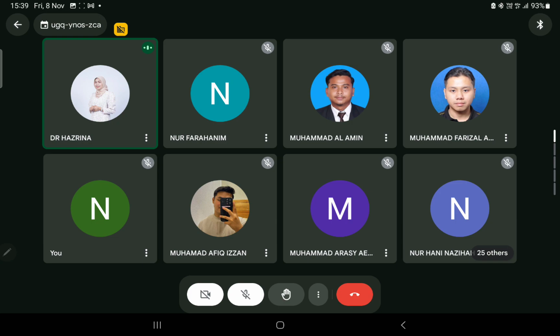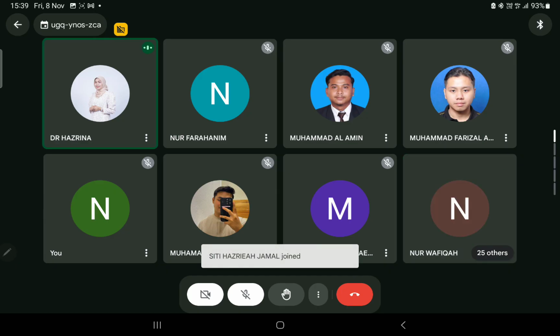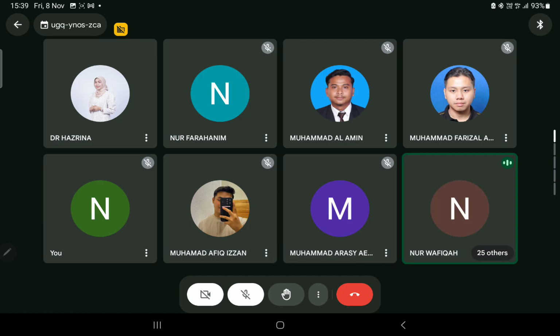Nur Wafikah Abdul Rahman, can you please share your solution? All right, doctor. I sent it to the group. Which group? R2 or C1? C1. Okay.